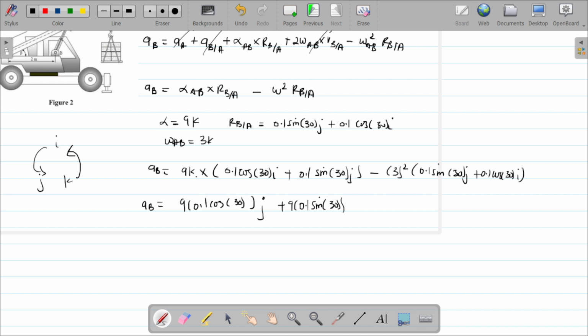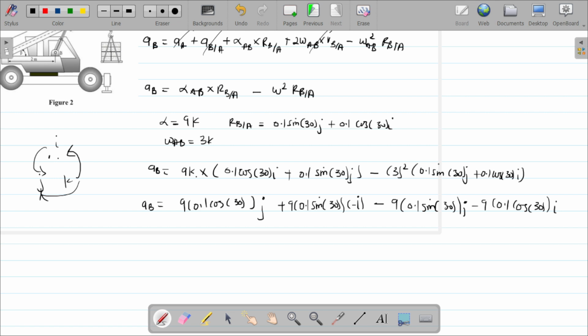Now k cross j goes against the direction, so negative i. Now over here we don't have to do any cross, so it's going to be minus 9 times 0.1 sine 30 j, and then minus 9 times 0.1 cos 30 i.